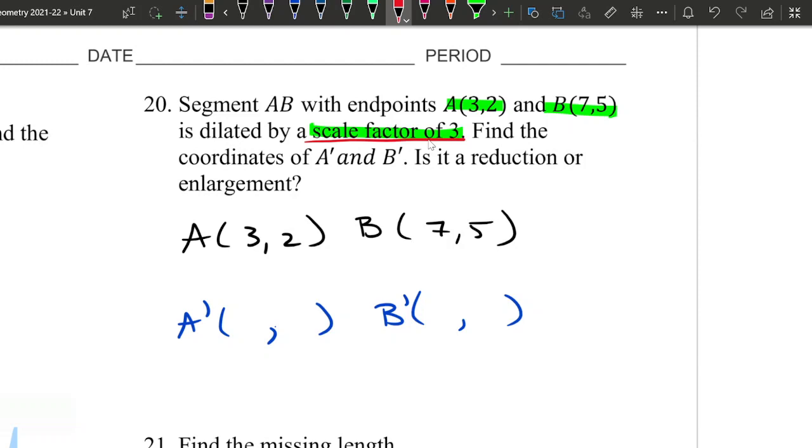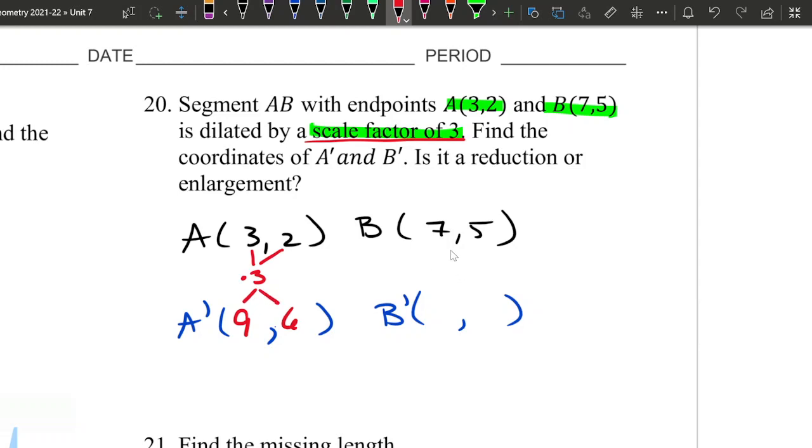So a scale factor of 3, is this going to be a reduction or an enlargement? An enlargement, right? Because it says times 3. If I say times 3, is it going to get bigger or smaller? Bigger, yeah. So you just take both the values times 3. So 3 times 3 is 9. 2 times 3 is 6.